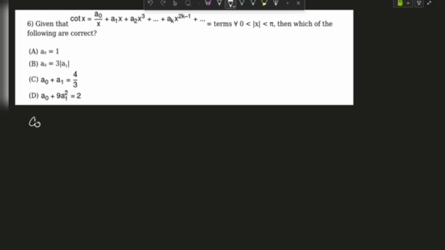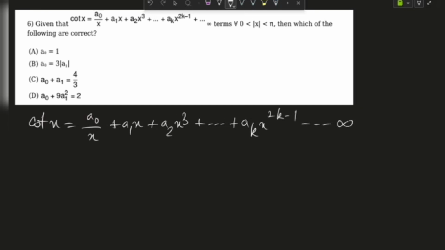So first we'll write down the cot x. Cot x is basically a0 by x plus a1x plus a2x cube plus ak x power 2k minus 1, and this goes till infinity. Now there could be two reasons why I selected tan.